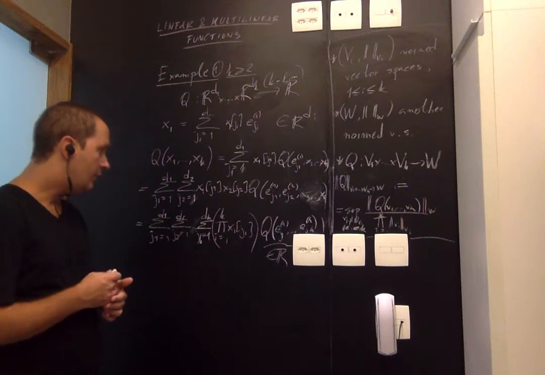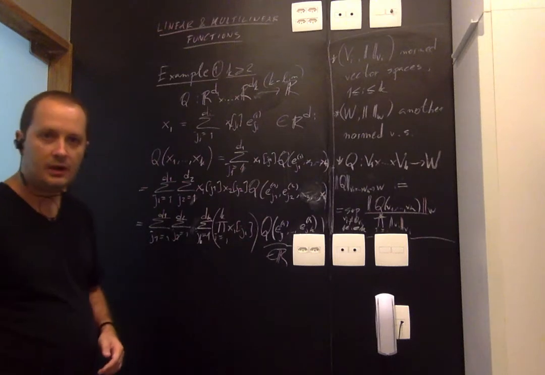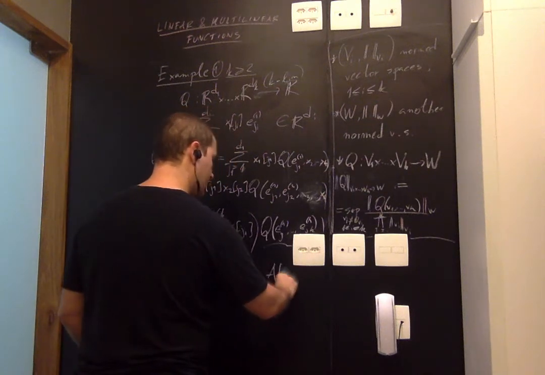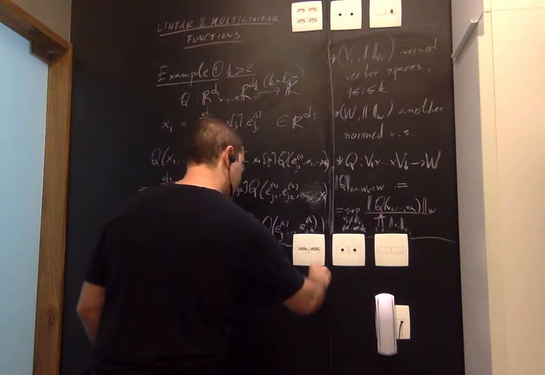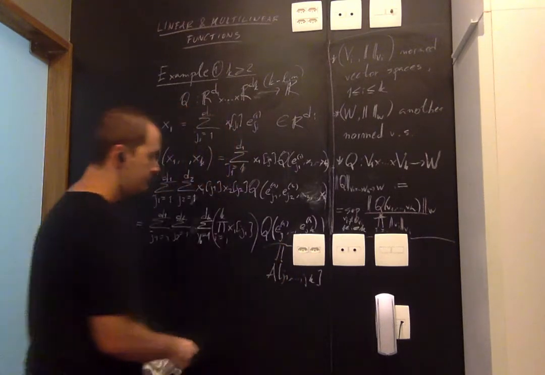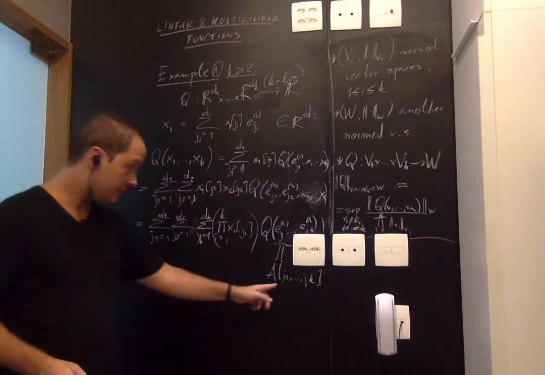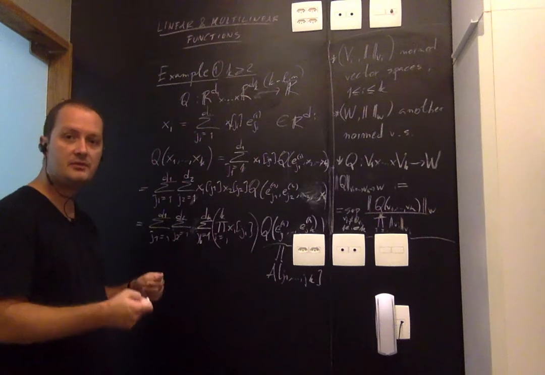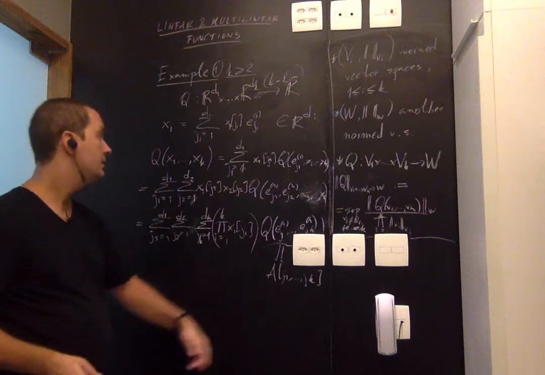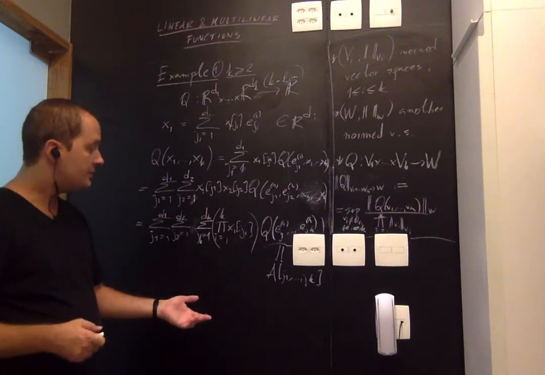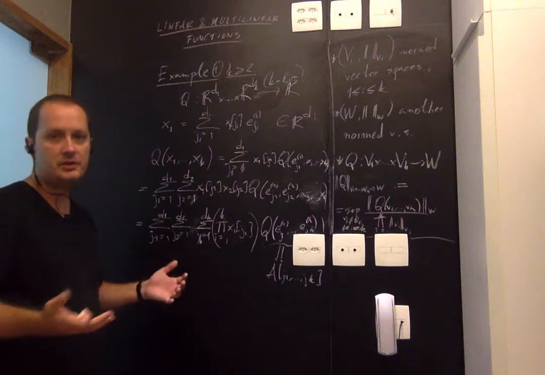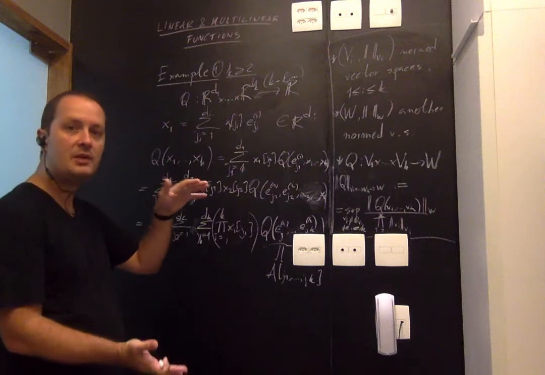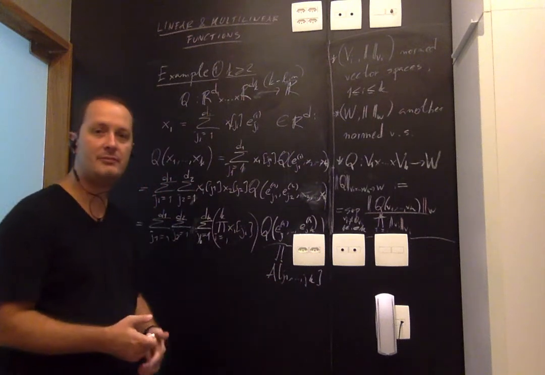Suppose I call these numbers by a different name: a_{j_1 ... j_k}. This is like a matrix. If I look at A for all possible choices of indices, then if k equals 2, I have two indices, a_{j_1 j_2}, and that's exactly a matrix. If k is larger than 2, this is what people sometimes call a tensor. Instead of a two-dimensional table of numbers, it's a k-dimensional table of numbers.